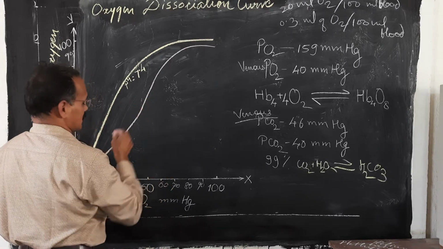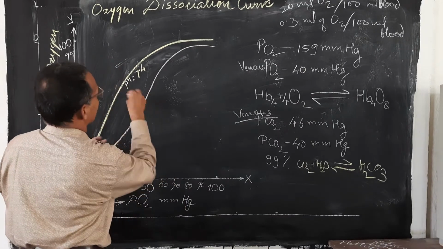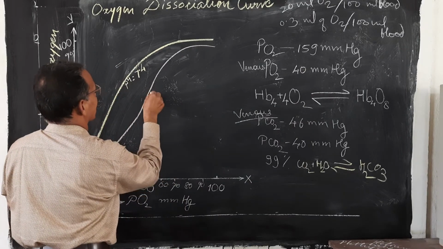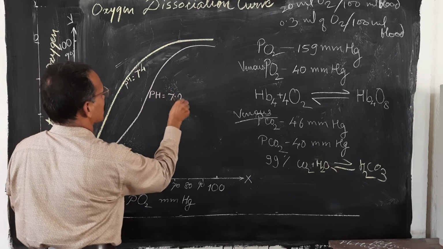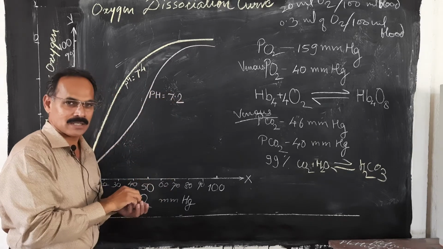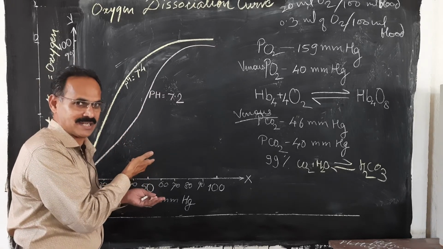This graph is shifted to the right side when pH is 7.2, meaning pH decreases. When H+ ion increases, pH decreases, right?